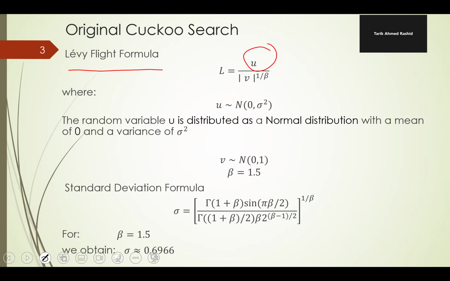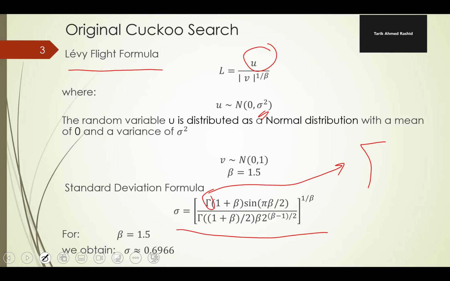Now, how can we find the variance? The variance can be found by this equation, which contains this symbol, the tilde, which means factorial.